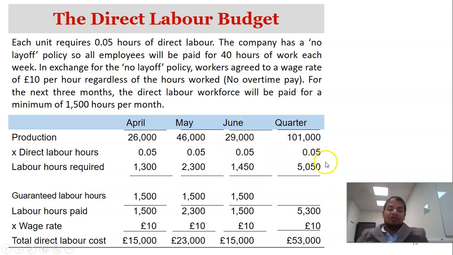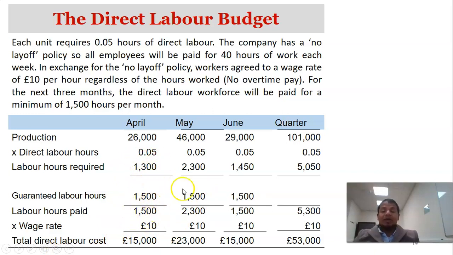If you add all these together, you will get 5,050 hours of labor requirements in this quarter. The guaranteed labor hours to the employees is 1,500, and this is what we have to pay. Though we need only 1,300, we have to pay for 1,500.